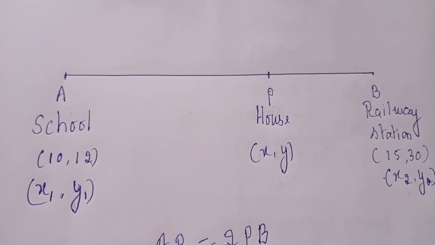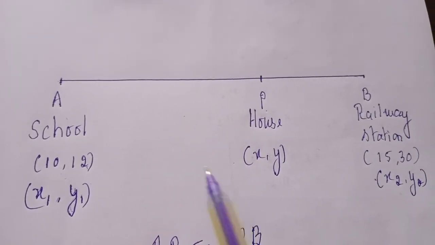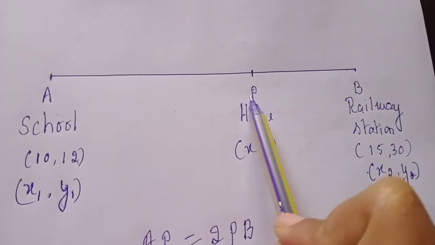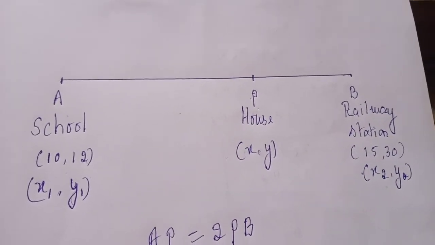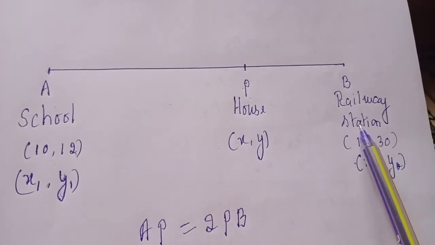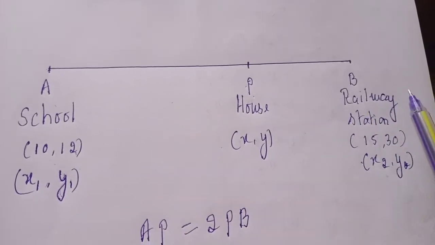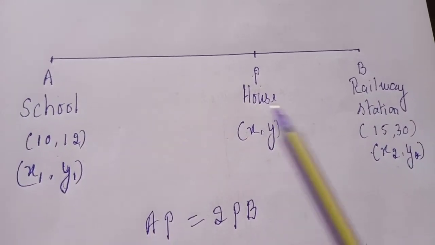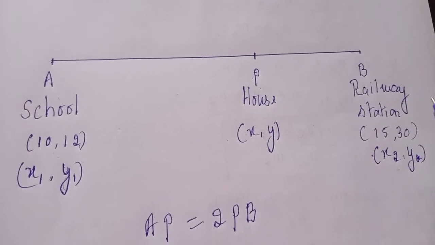As you know, the word section tells you division. So here the line AB is divided at P. Let me explain in detail with one example. Think that a school, house and railway station are on a straight path, and you know the coordinates of the school in a Cartesian plane and the coordinates of the railway station.